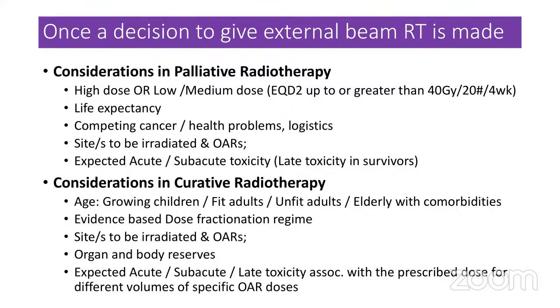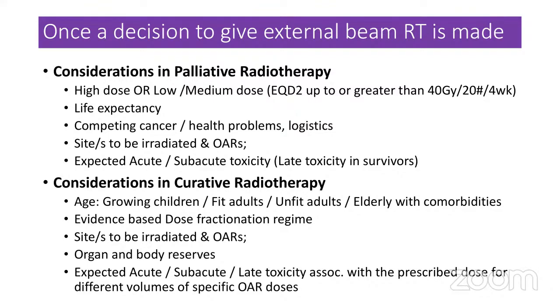And then, of course, what are the expected acute and subacute toxicity, and whether you expect the patient to have late toxicity. In a curative radiotherapy, not only this, you look at whether it is a growing child, or if an adult, how fit or unfit that person is, how cooperative they'll be, what kind of dose fractionation you want to use, and the organ and body reserve. Someone may already have pre-existing lung disease or heart disease.